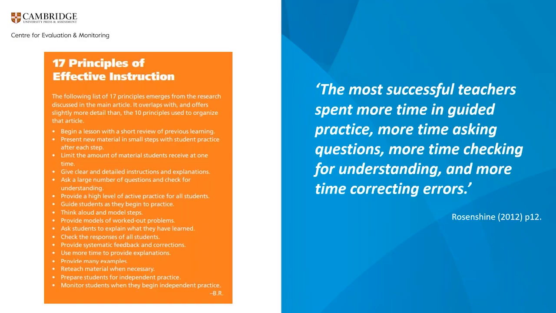There is, interestingly, the document starts off with 10 principles of instruction, but actually hidden within it, there's this orange box, and there are actually 17 principles in here. And again, really good material for staff meetings, professional development sessions, checklists for teachers, particularly for early career, newly qualified teachers. They maybe just need this kind of scaffolding themselves.